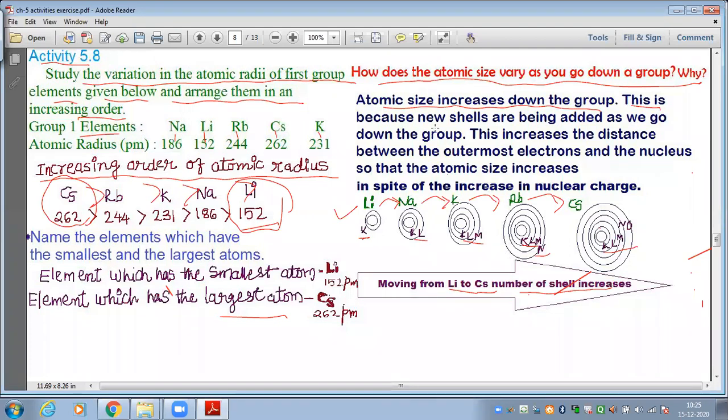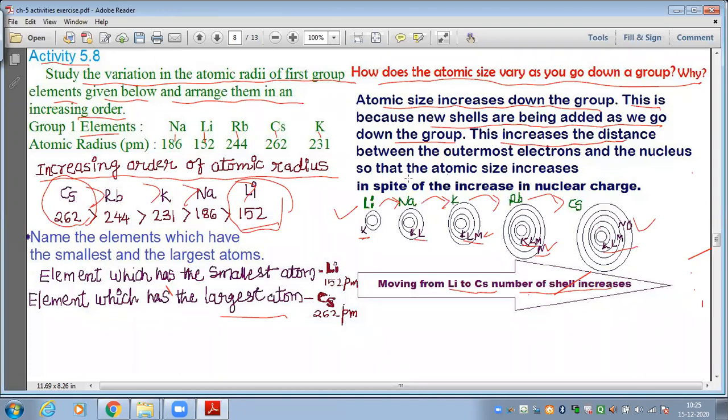This is because new shells are being added as we go down the group. You can see that from lithium to sodium, the L shell is added, sodium to potassium, the M shell is added, potassium to rubidium, the N shell is added, rubidium to cesium, the O shell is added. So each time when you move from one element to another, a new shell is added.